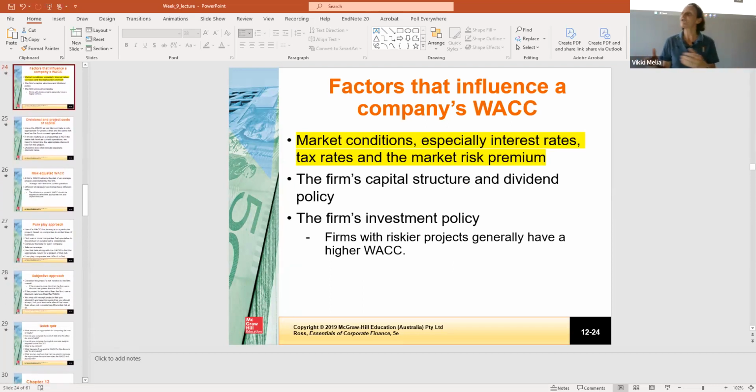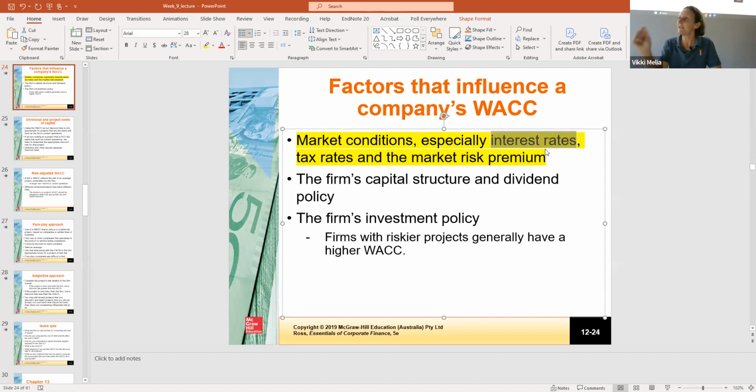The weighted average cost of capital is something that financial managers need to know for their organization. It's quite a dynamic number. It doesn't stay the same all the time. It changes. The weighted average cost of capital is affected by current conditions in the market, so things like interest rates.